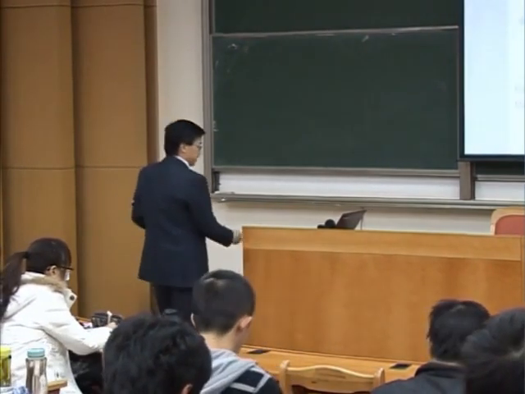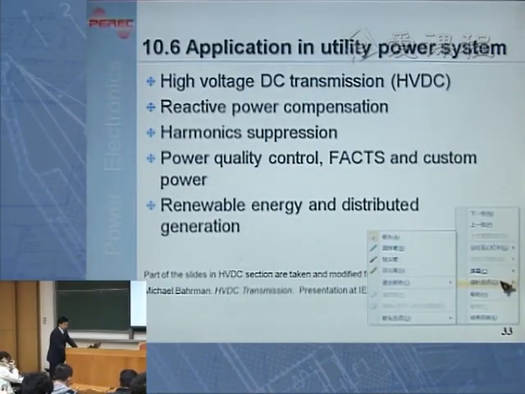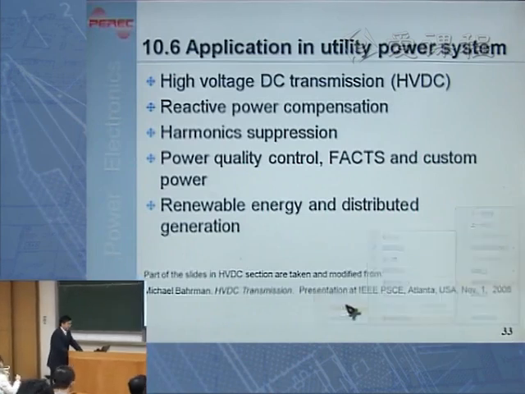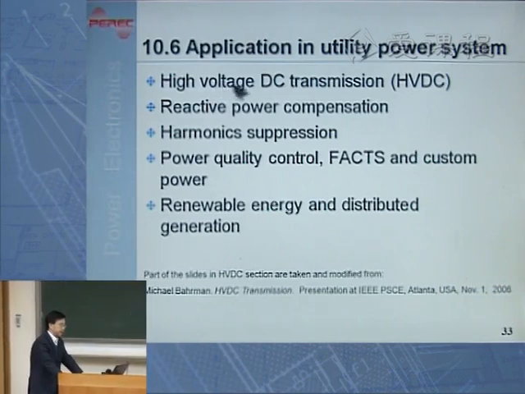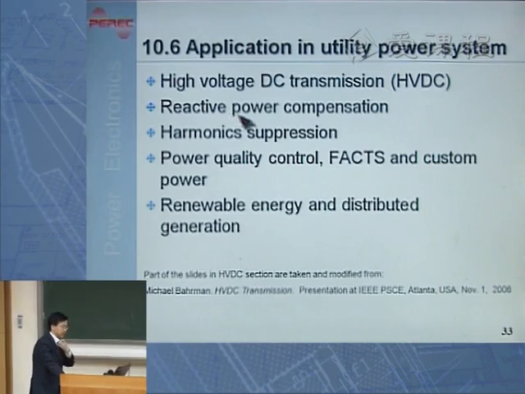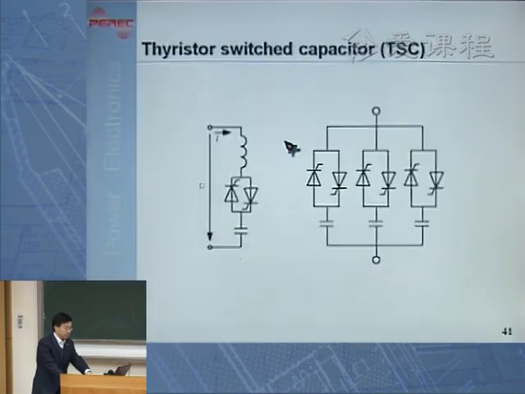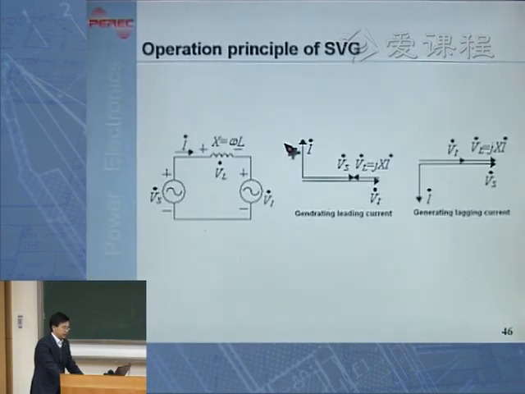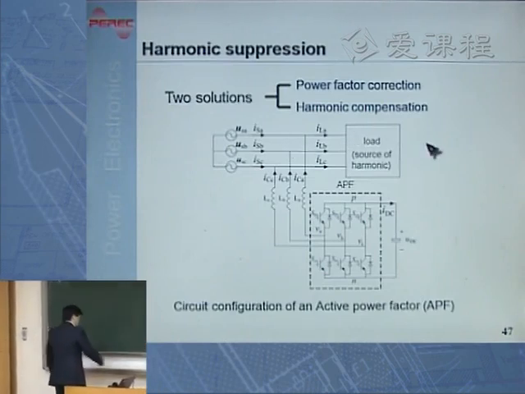We have covered in the last class some of the applications in utility power system already. We talk about HVDC. We talk about reactive power compensation. And as I remember, we were here last time, harmonic suppression based on power converters.